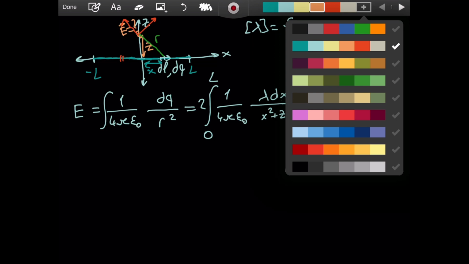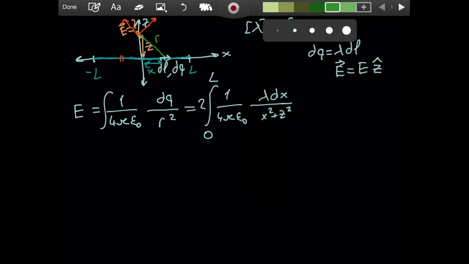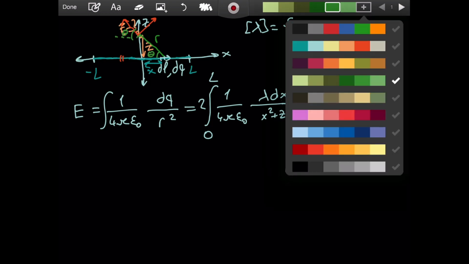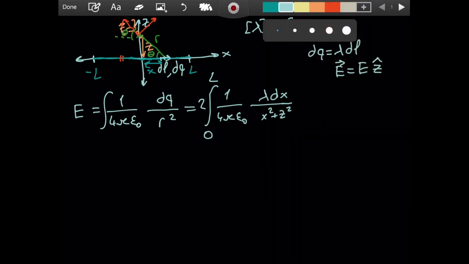And that angle, in green, is going to be this angle theta. And it is also the angle here. It is theta as well. So we don't want all of the components. We only want the vertical component, which is sine of theta. Okay? This part is very, very important in this derivation, in this proof.